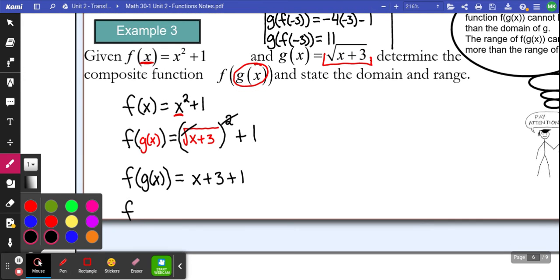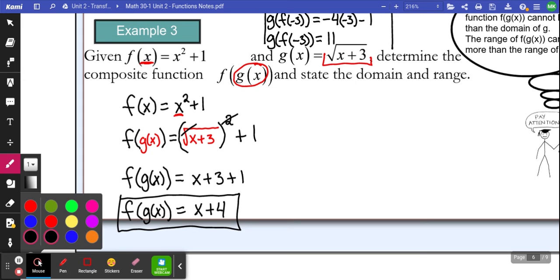That means f of g of x equals x plus 4. For sure. Are we good with the composition there? Like that composite function, function inside of a function. Yeah? It's clicking now, hey?